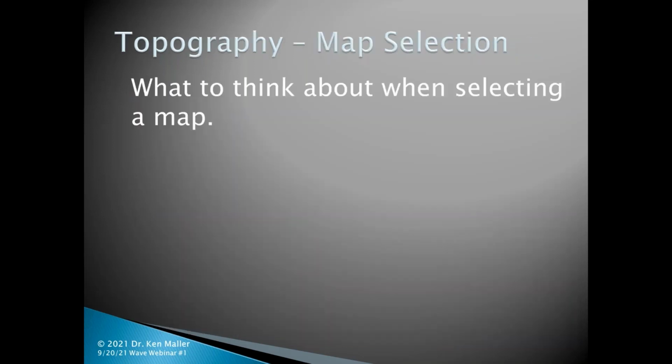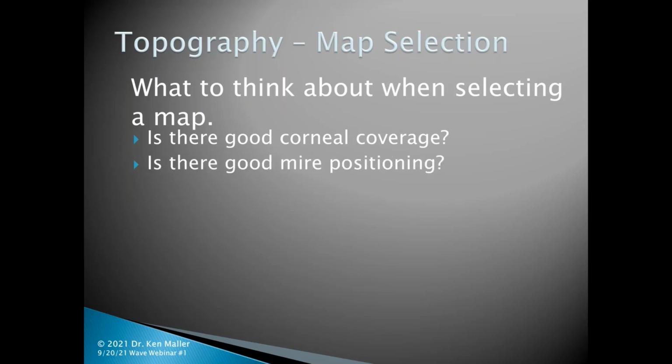So what to think about when you're selecting a map? The first one: is there good corneal coverage? As we saw in many of the slides presented tonight, we need the cornea really exposed to the topographer so that we have the entire cornea being measured as best as possible with no lids in the picture. The next thing is, how well are the mires positioned on that particular cornea?